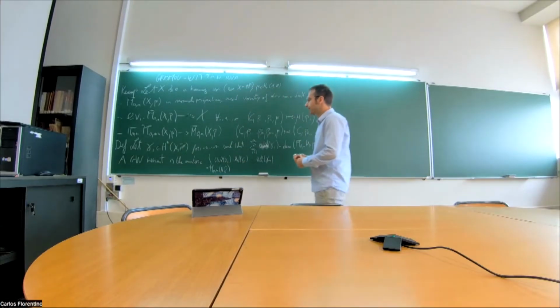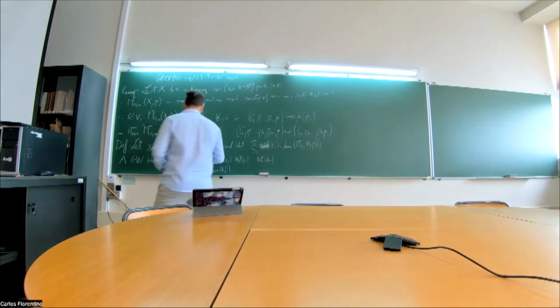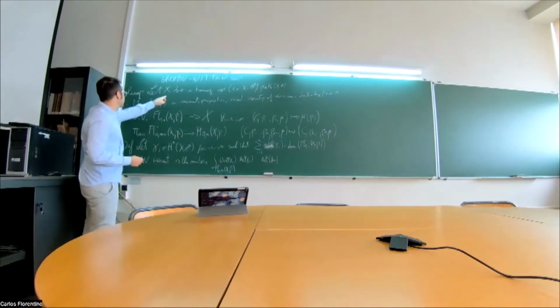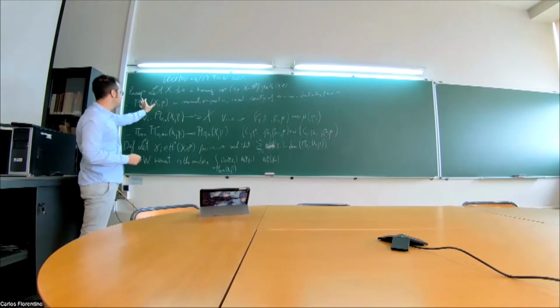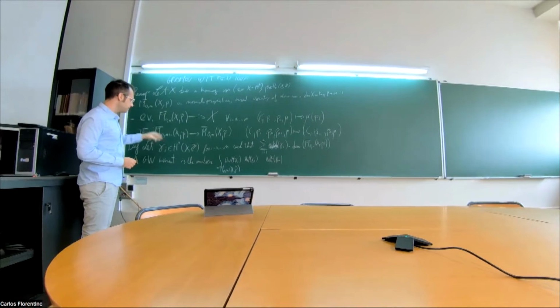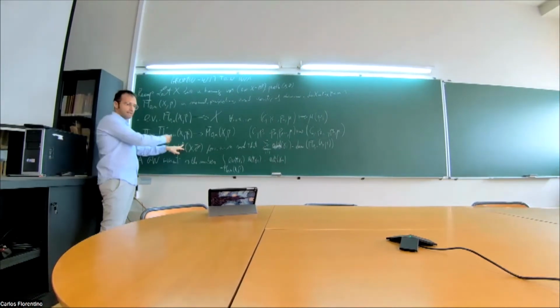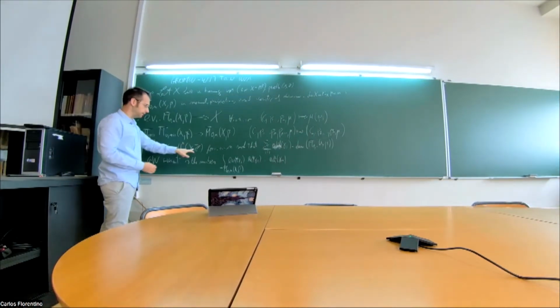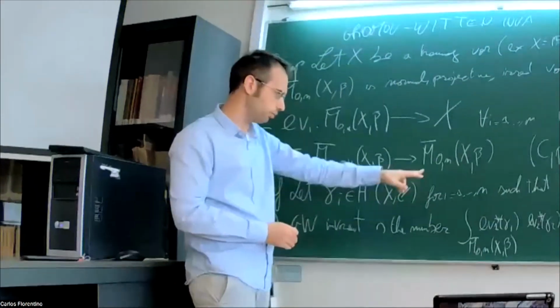Okay, so let's fix X, n, and beta. So we have our moduli space. Here, this is the direct sum of the cohomology groups.